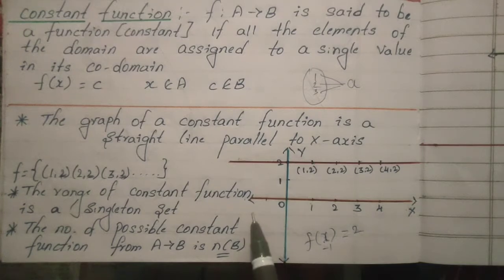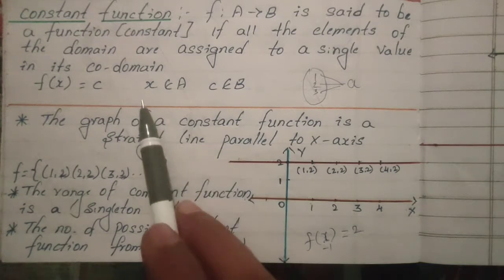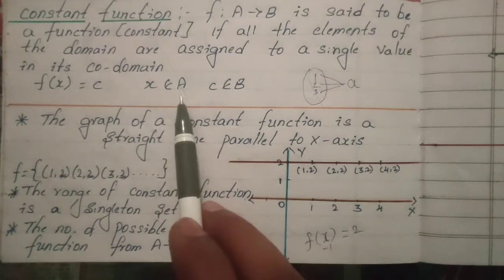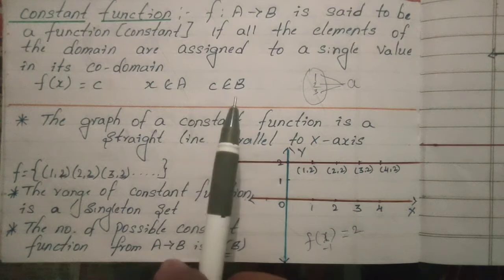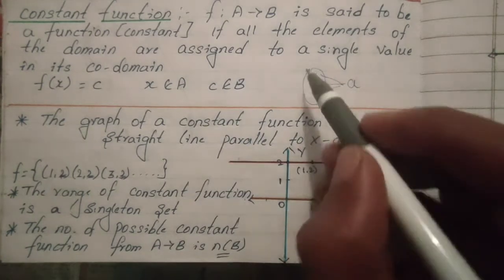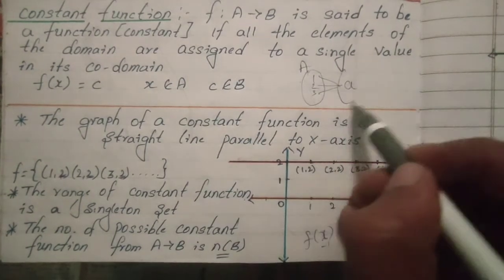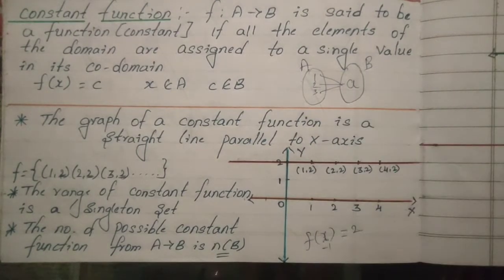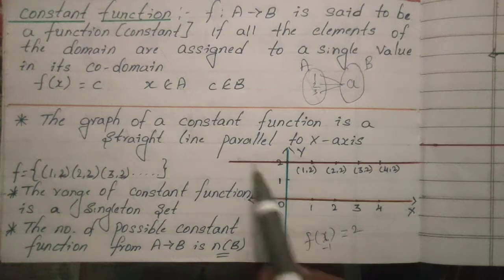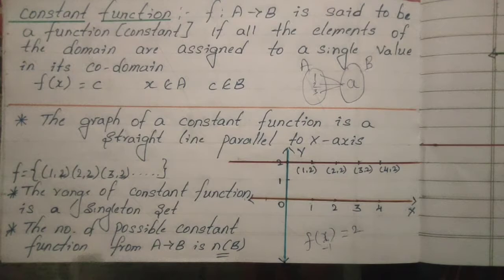For the value of x, where x belongs to set A, you are getting a constant value that is in set B. Imagine this is set A, this is set B. Take any value, the answer is the same. Then you will get one straight line.